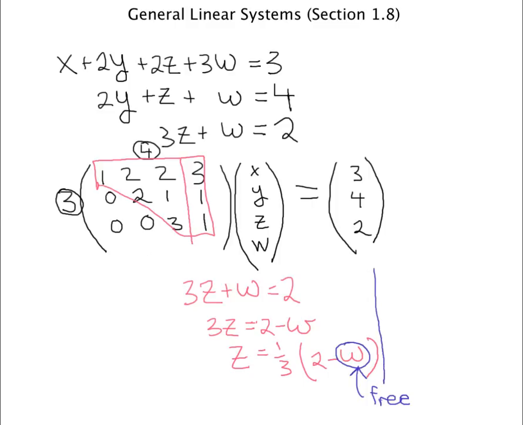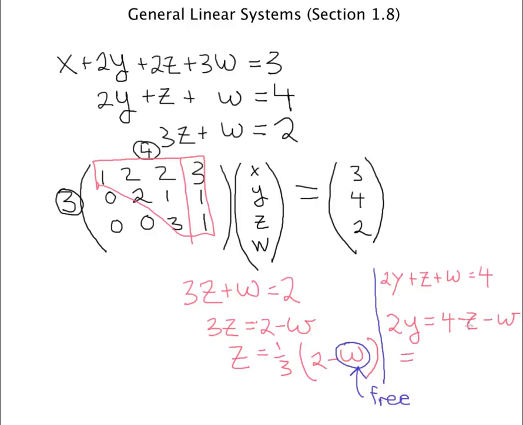however we want, and then the other variables are going to be expressed in terms of it. So, for example, when you go back one step, you get the equation 2y plus z plus w is equal to 4. And that expresses y in terms of z and w: 4 minus z minus w.